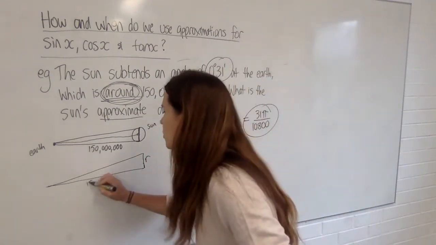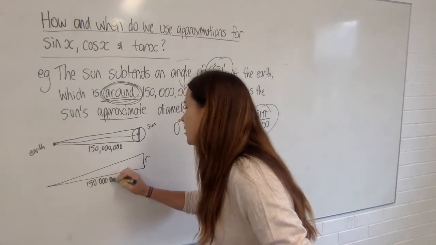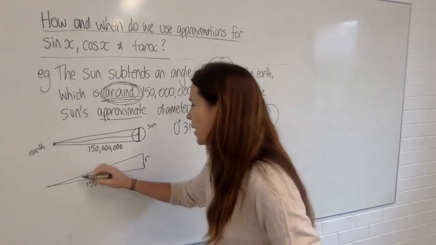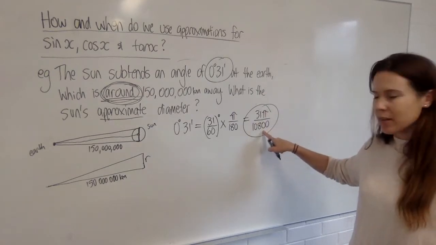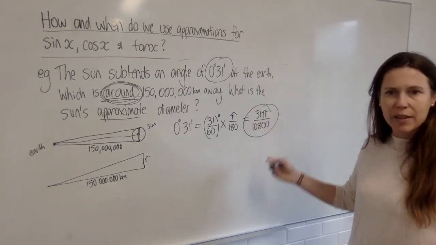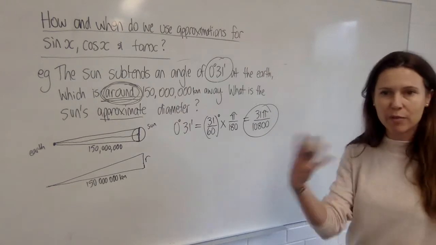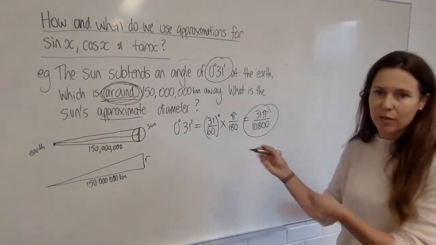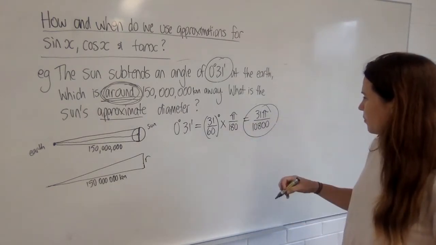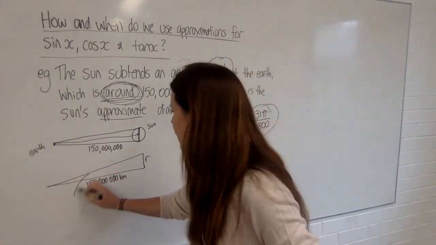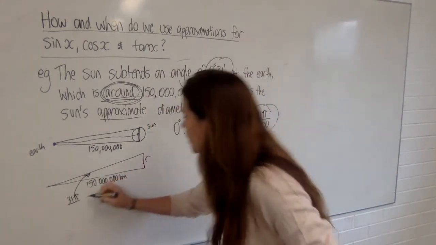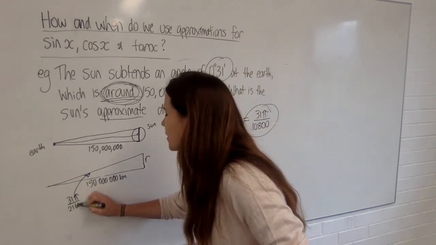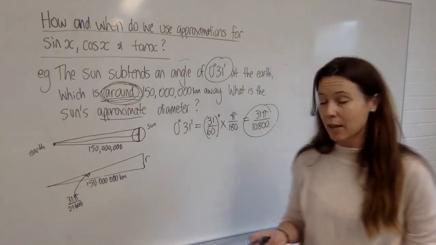We've still got 150 million kilometres here, and now we've halved that angle. It'll be 31 pi over a number that's twice as big, because if we double the denominator, we've halved the fraction. So this angle is 31 pi over 21,600. That's the size of the angle.